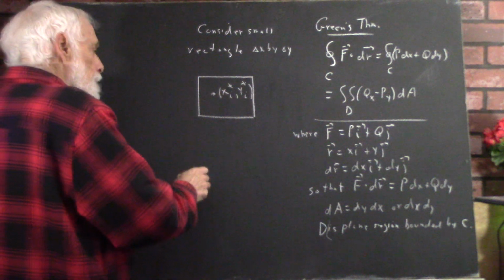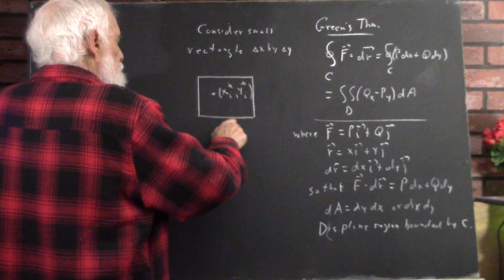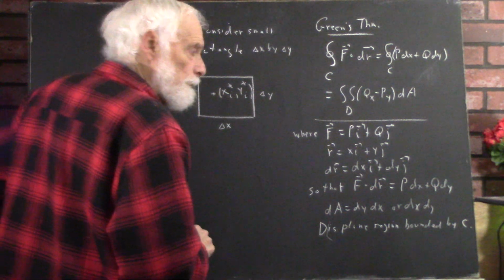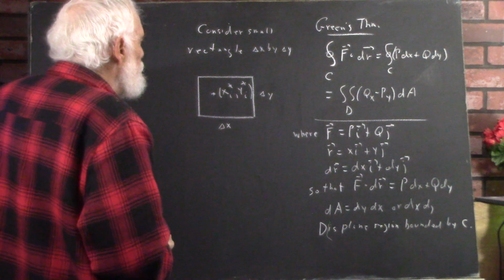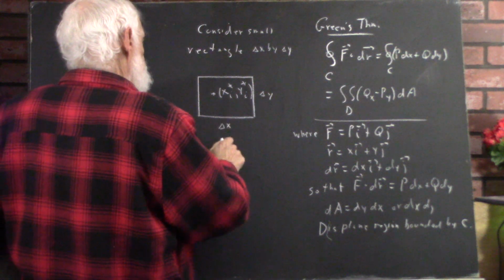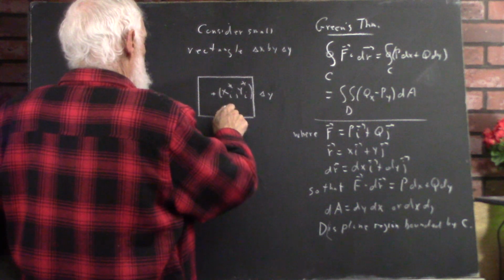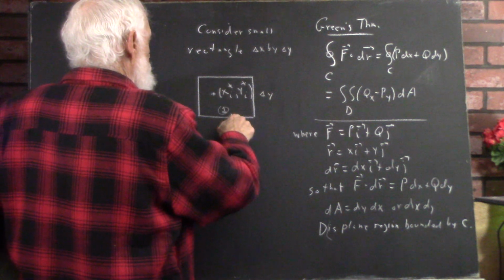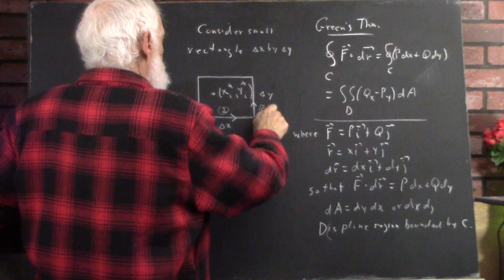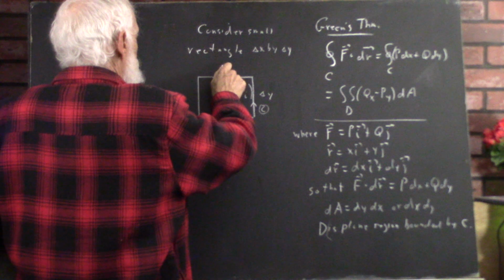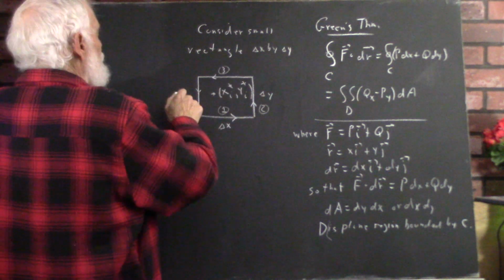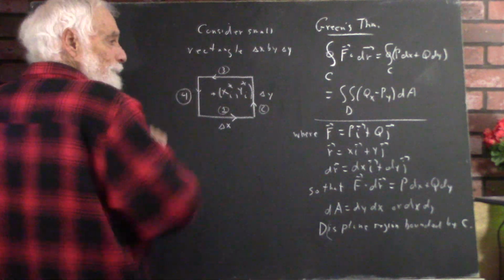We have dimensions delta x by delta y. Our integral is going to be over what I call path 1, and then what I call path 2, then what I call path 3, and you probably have anticipated this, what I call path 4.